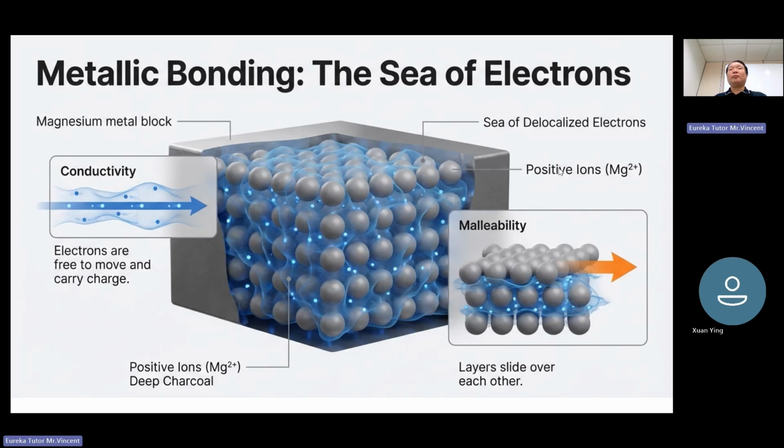This gray ball you can imagine is a positive ion, Mg2 plus, in layers over each other. So the metallic bonding has positive ions surrounded by the sea of delocalised electrons.